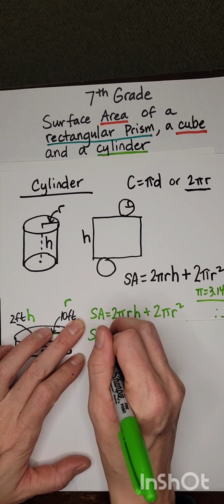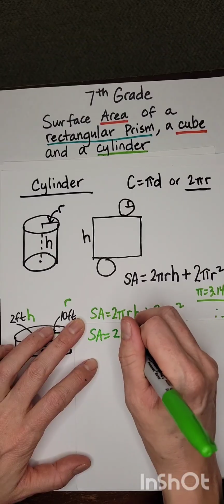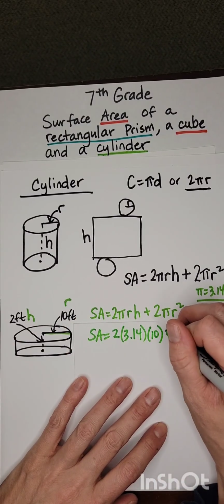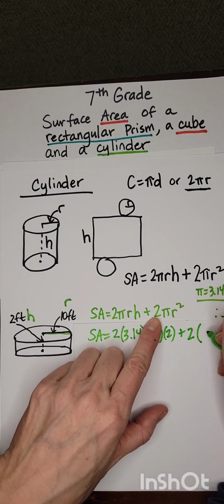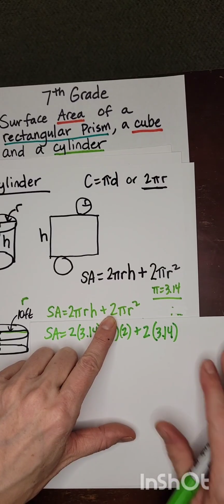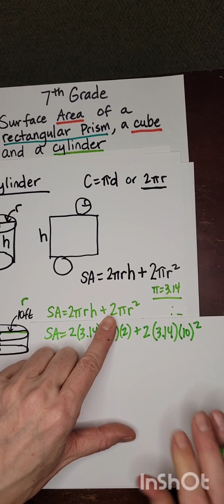So surface area equals 2 times pi times r times h, which is 2, plus 2 times pi times r squared, so 10 squared.